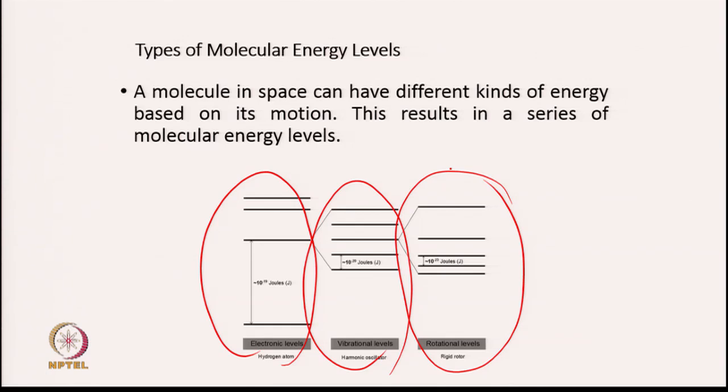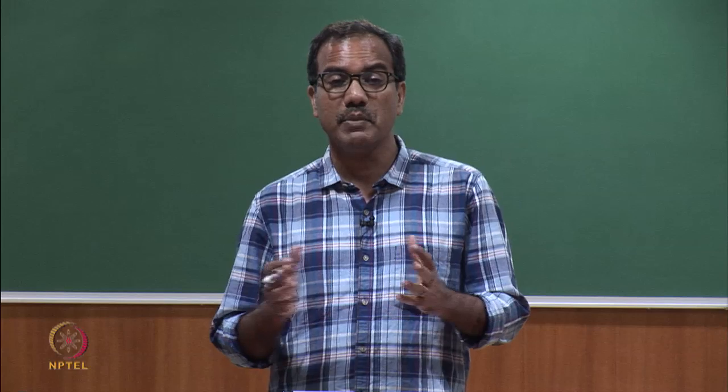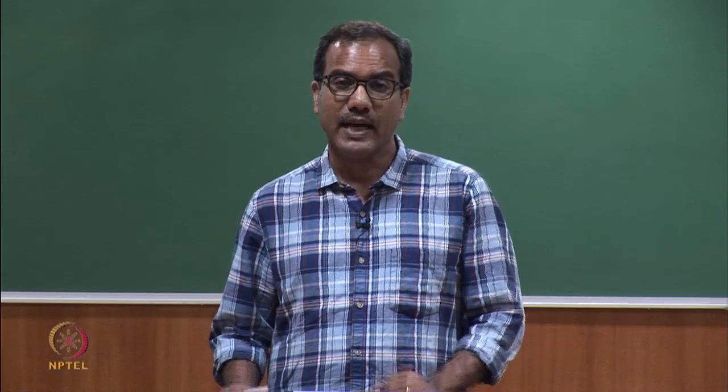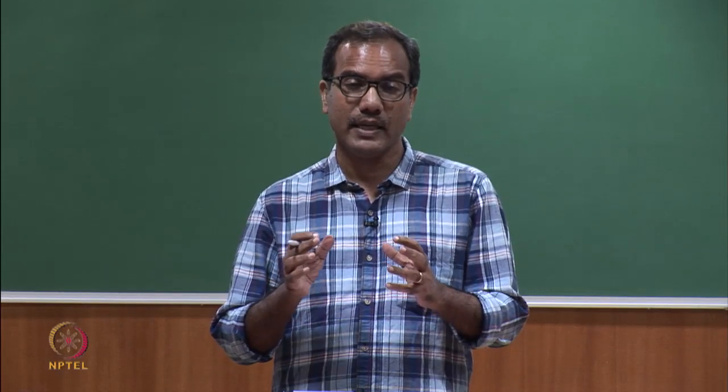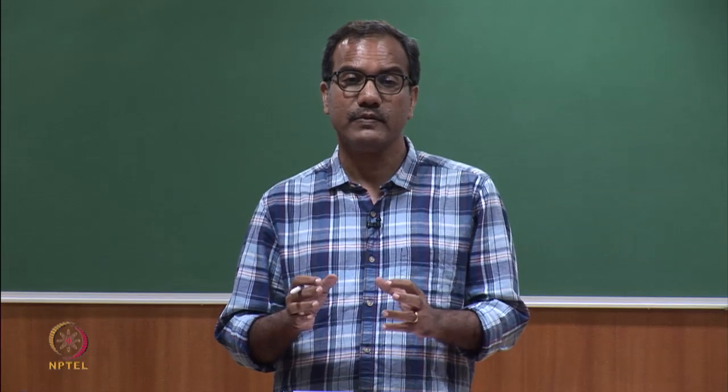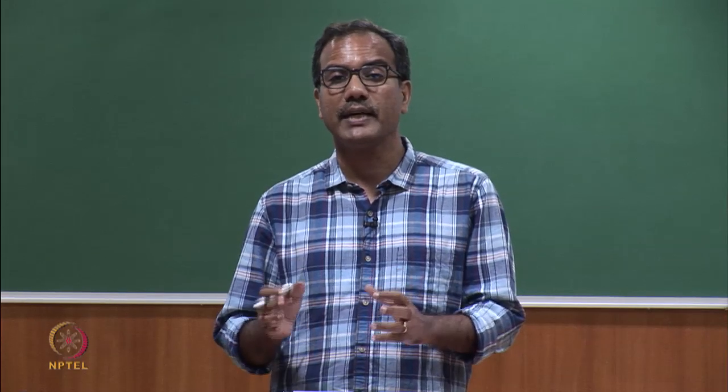Depending on the kind of wavelength absorbed or emitted, you are dealing with either electronic spectra, rotational spectra or vibrational spectra. So, this is the basis of calculating the energy of different quantized levels.